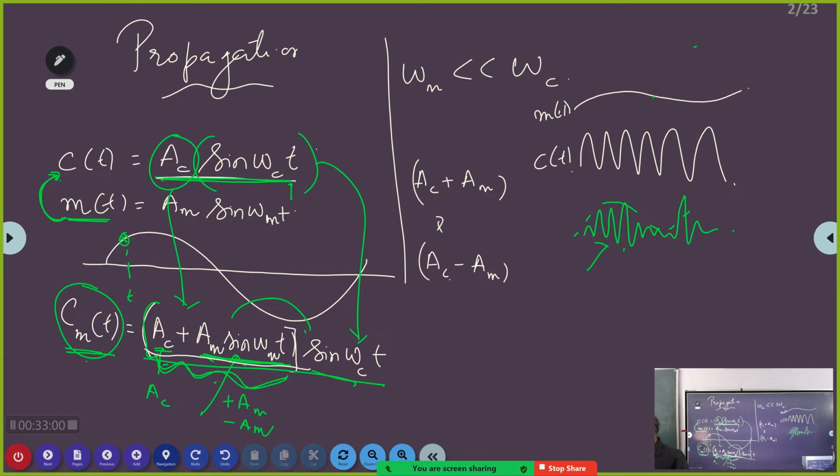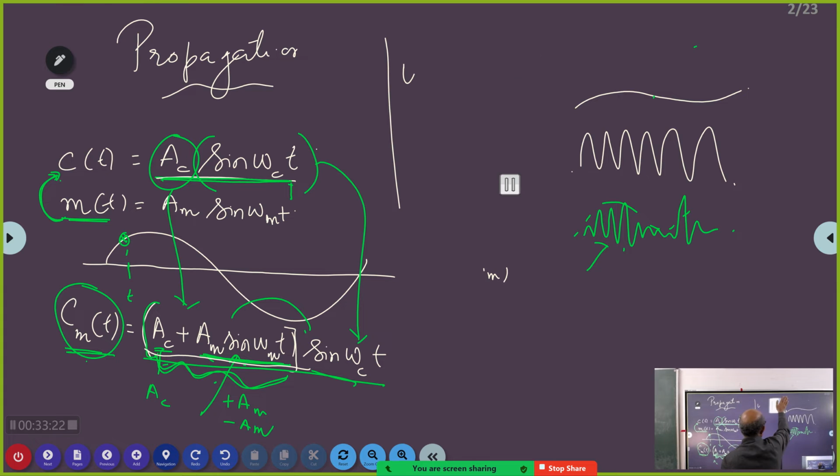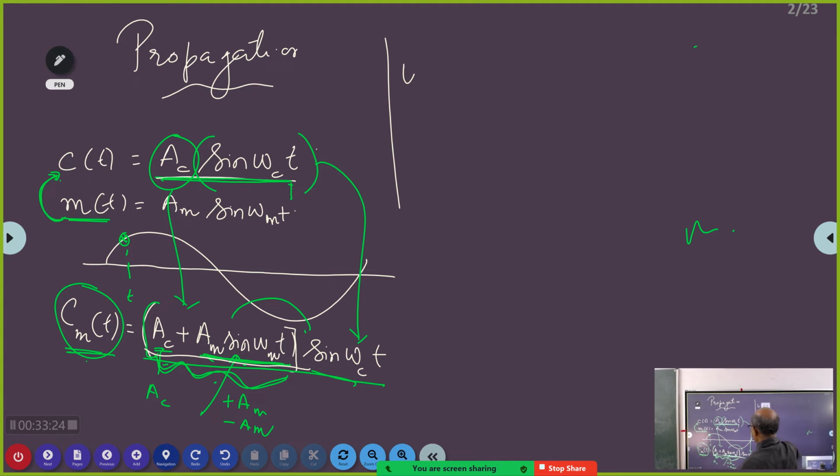Here in your textbook, Cm of t is equal to bracket AC plus AM sin omega m t into sin omega c t. That you are seeing clearly is equal to AC, and something is missing there.